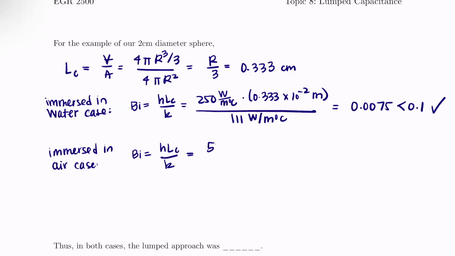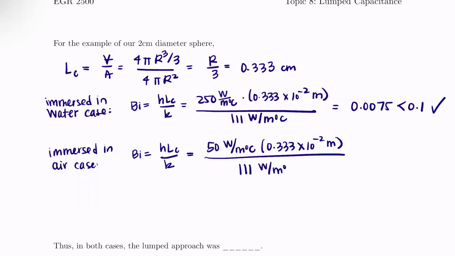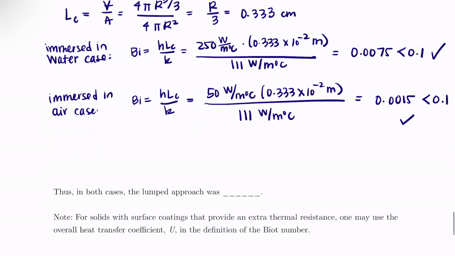So we have 50 watts per meter degree C times 0.333 times 10 to the minus 2 meters divided by 111 watts per meter degree C. And so we get 0.0015, which is still less than 0.1. And so this one is okay too. So for both of these cases, the lumped approach was valid. So that's good.